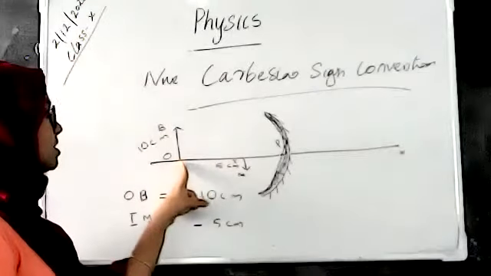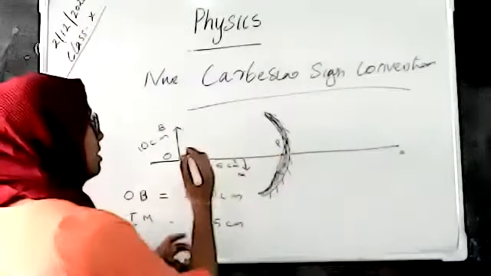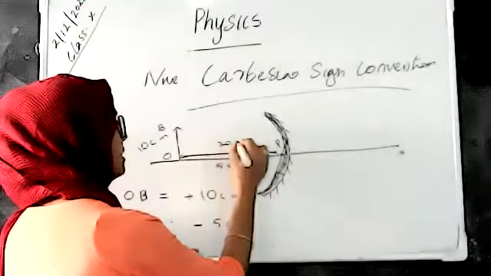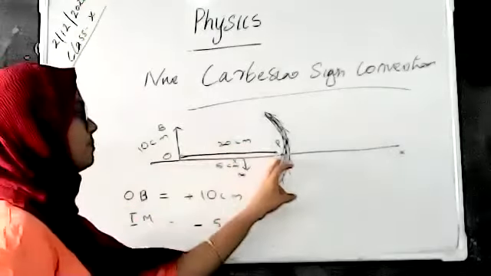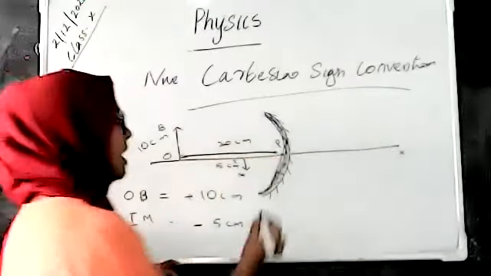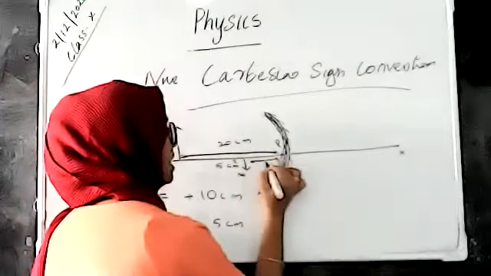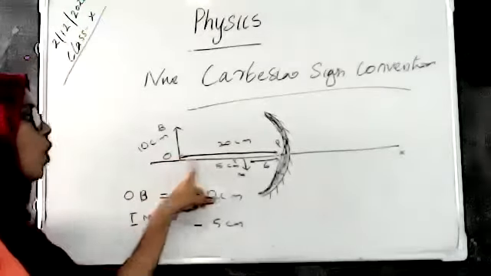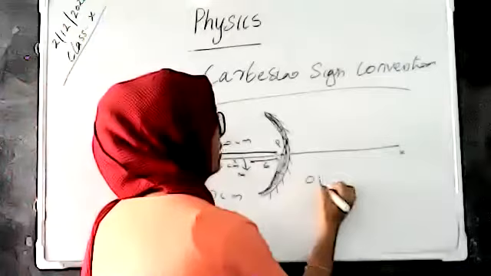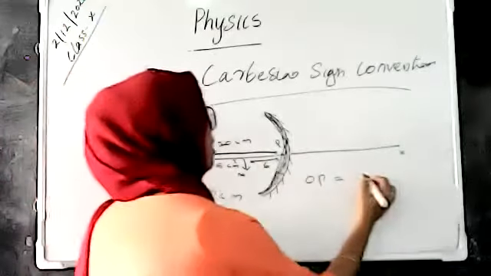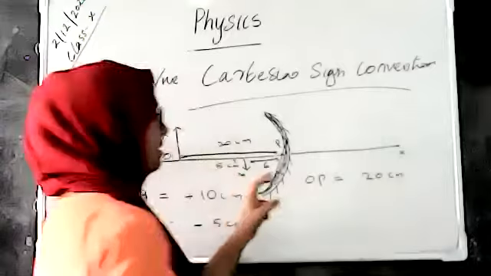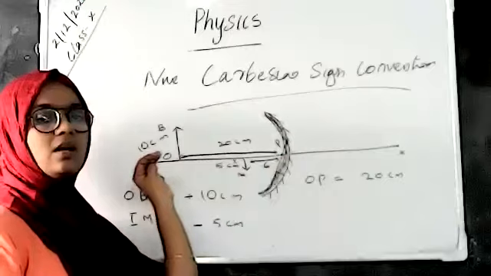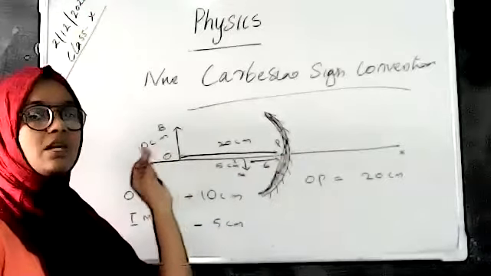And the distance from the object to the mirror is 20 centimeters and the distance from the mirror to the image is taken as 6 centimeters. So, what is the distance from O to P? The distance from O to P is equal to 20 centimeters. But the New Cartesian sign convention says that from the pole to the left side, the distance is taken as negative.